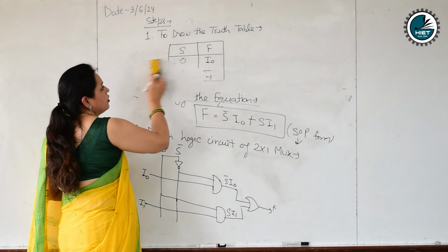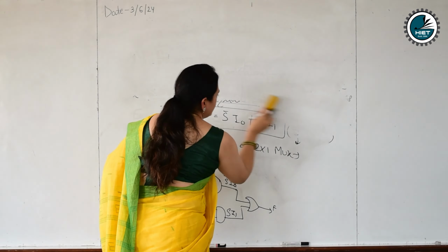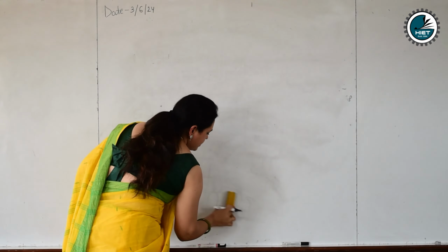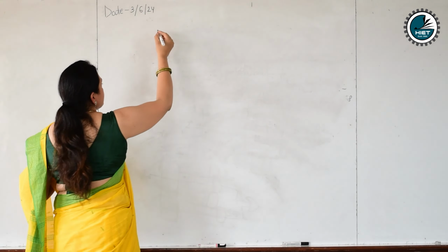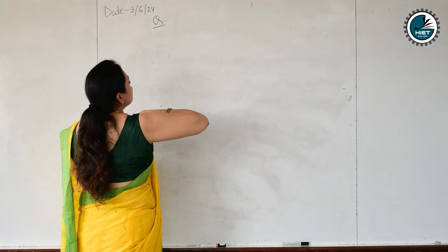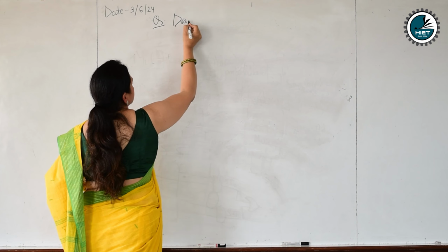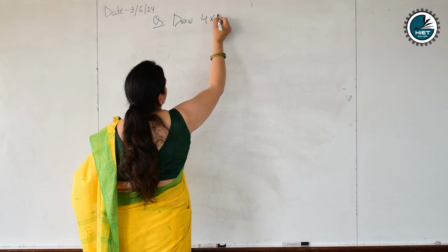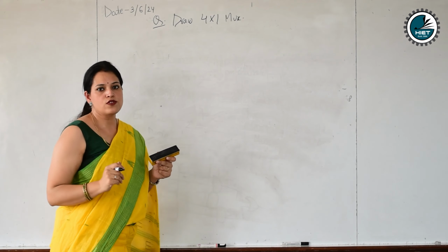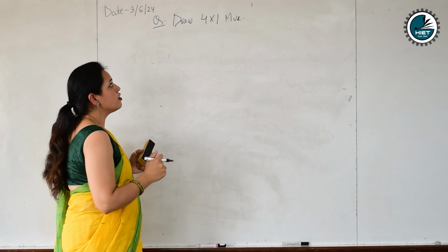Clear? Now we will take another example. This is the very simple form, and suppose that we draw a 4 cross 1 multiplexer.